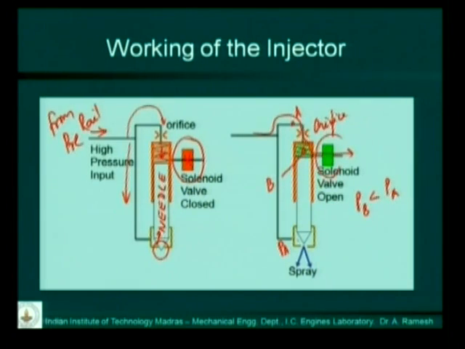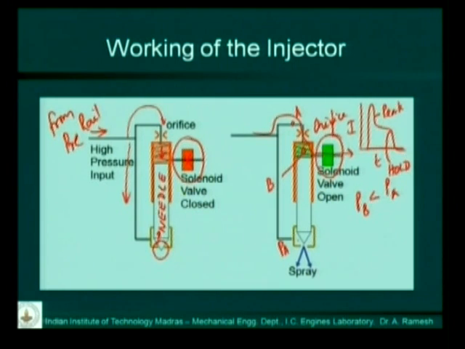This is the current given to the solenoid. So the current given to the solenoid, this is current I, and this is time. It is something like this. Rises, falls, and becomes 0. This is called peak, and this is called hold. So we call it peak and hold current.